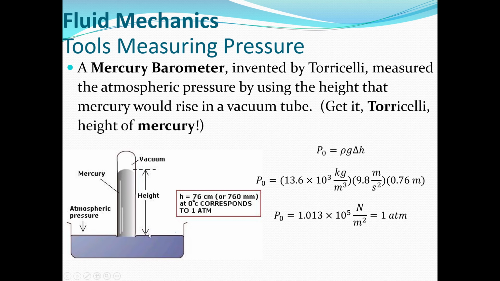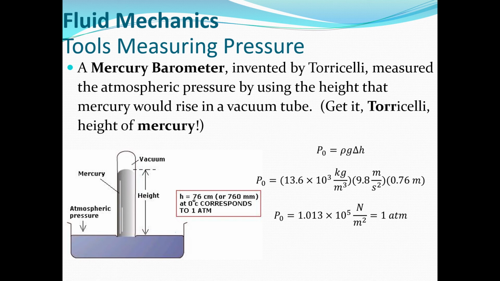You have liquid mercury on the bottom. You have it exposed to air. And then in the middle, there's this vacuum tube that the mercury can go into. The air pressure would push down on the surface and push the mercury up into here. And the height that the mercury reaches corresponds to the amount of pressure exerted.